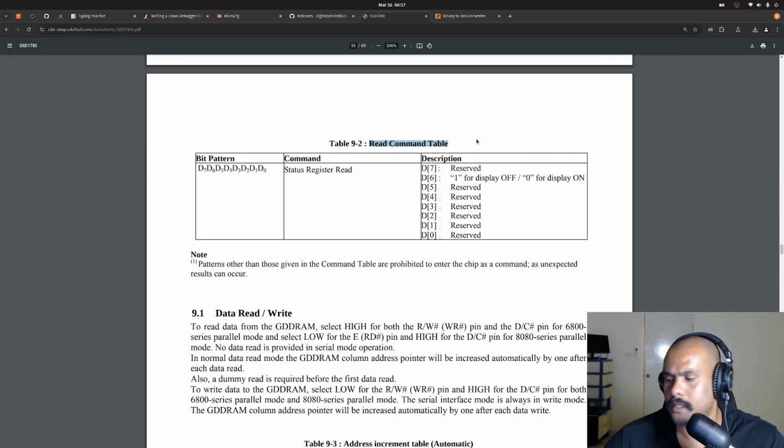Read command table. Status register read. Reserved one for display on/off, and the rest is reserved. Read command.